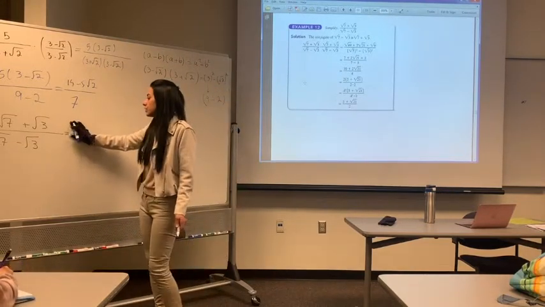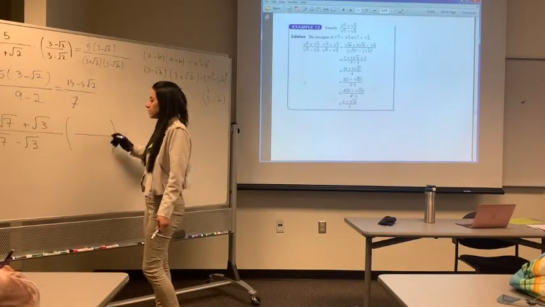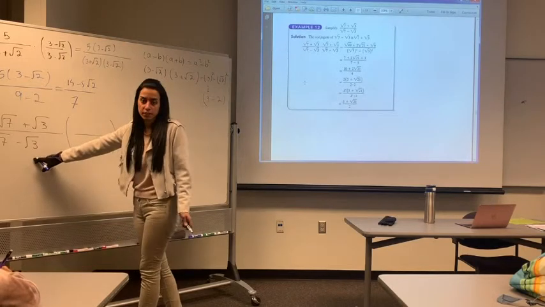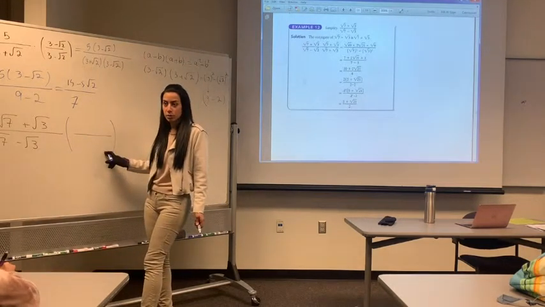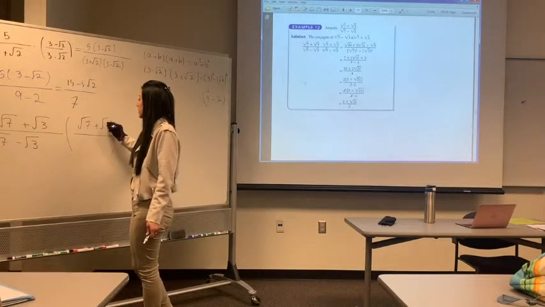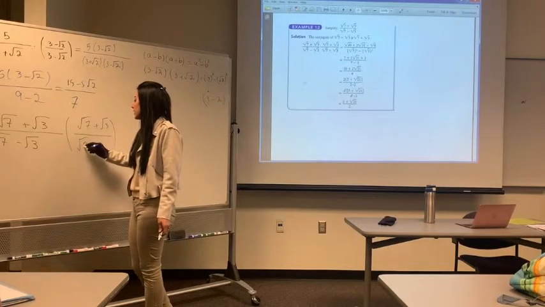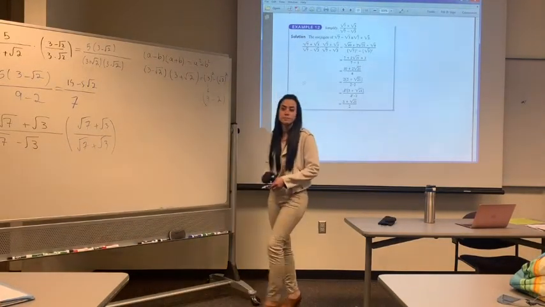So what we should do, we should multiply this whole fraction by the conjugate of this denominator, divided by the conjugate of the denominator, correct? Which is radical 7 plus radical 3, radical 7 plus radical 3. Right?